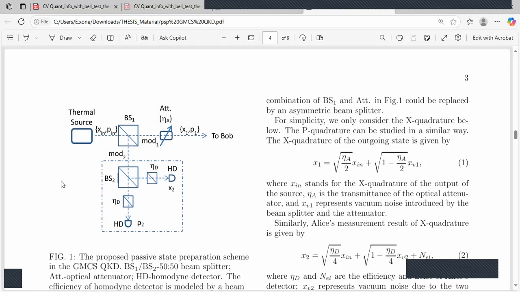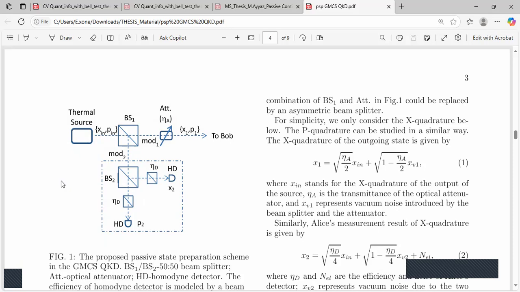We know that the whole ensemble of Gaussian modulated coherent states can be seen as a thermal state, because from the point of view of Bob and Eve, an adversary, they are just a thermal state, since the ensemble can be approximated as a thermal state.